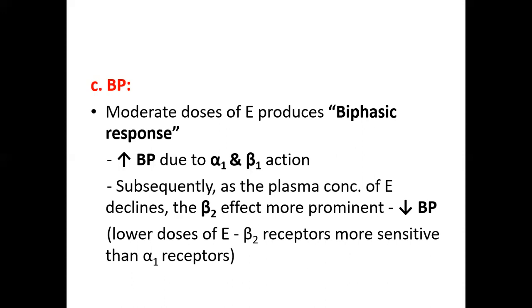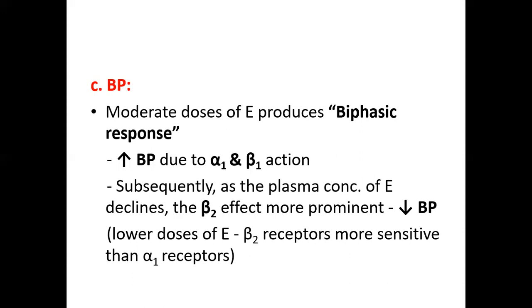So initially when you give epinephrine, there is increased blood pressure because of the action of alpha 1 and beta 1. Mainly there is an increase in systolic blood pressure.